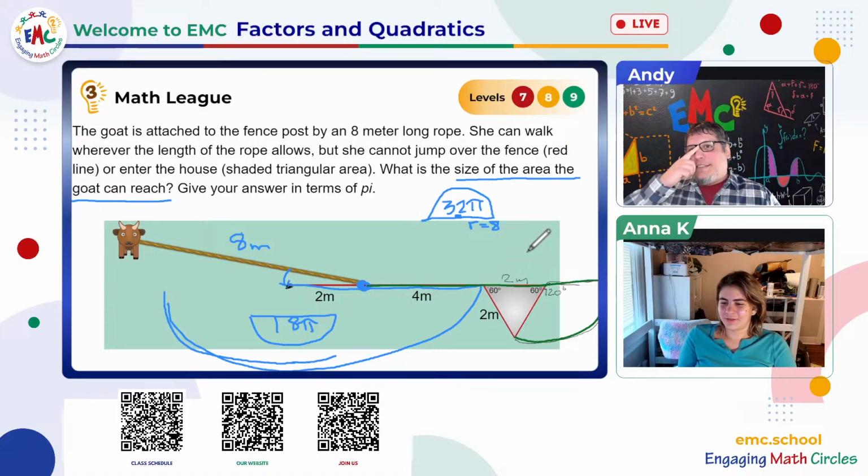So how much of a circle is that? That is a third. What's the part of the circle called? The sector. The sector is 120 in this case.